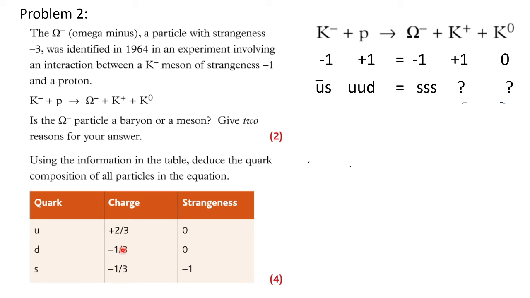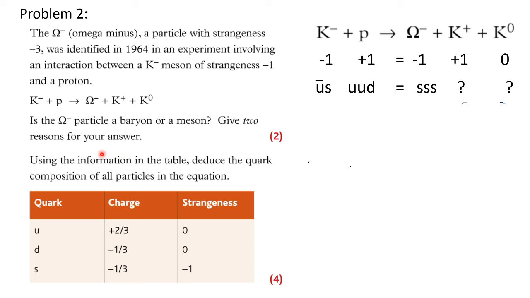U has the plus 2 over 3, but as it is anti-U, U bar, it is negative, so U bar is negative 2 over 3. With negative 1 over 3 you get minus 1. Like that you can check whether the charge matches with the composition, right?